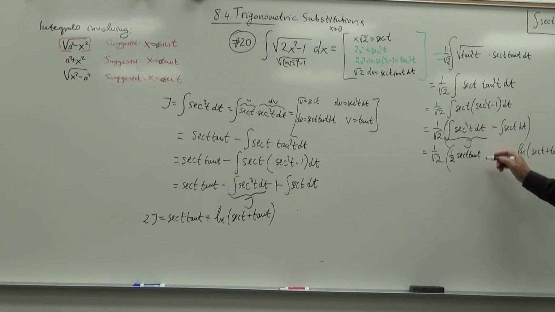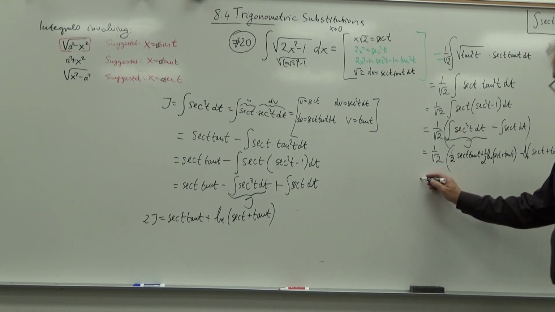plus 1/2 ln, oops, we have a short space, secant t plus tan t and minus ln. And these two are alike. That's good news that I can combine them.